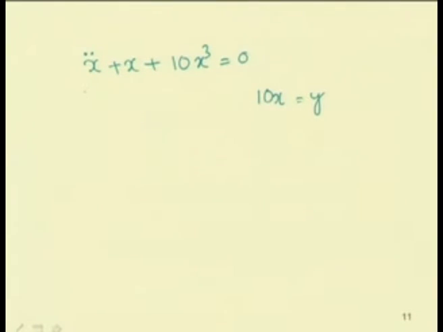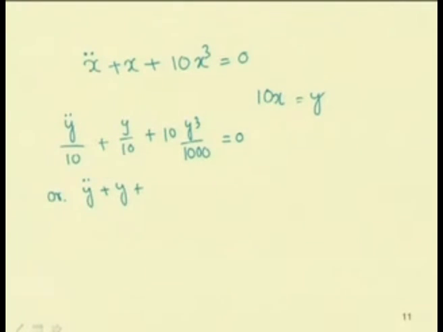If I take 10 x equal to y, then this equation can be replaced by, I can replace x by y by 10, so the equation will be y double dot by 10 plus y by 10 plus y cube by 1000 equal to 0. Or I can write this equation in this form: y double dot plus y, let me multiply by 10 everywhere, then this becomes plus 0.1 y cube equal to 0.